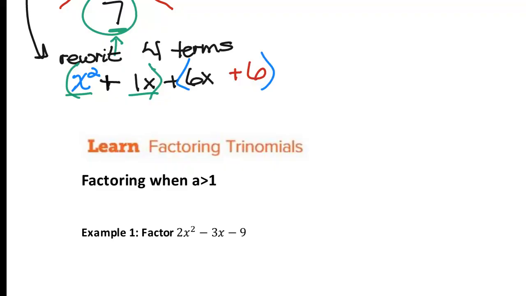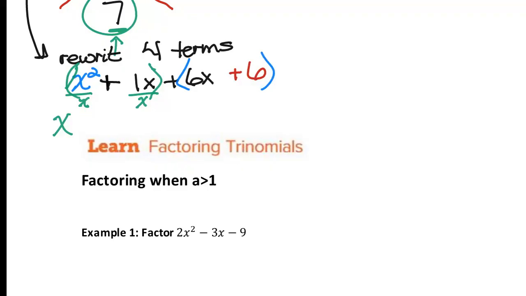Is there a number that's common to both? If so, it would be a 1, but that's not helpful. They both have x's. Can I factor out an x? Yes. How many x's can I factor out from each? 1. So that is your greatest common factor.